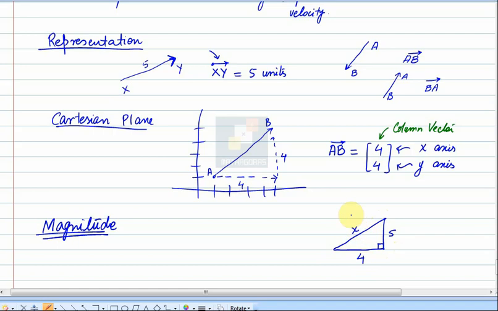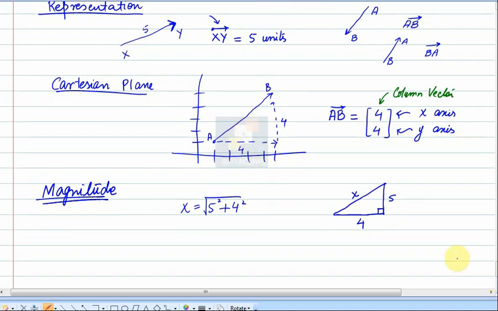Mostly students can answer with the help of Pythagoras that x squared is equal to 5 squared plus 4 squared, with the root sign, and remove the square sign here, right? So that's how you apply the Pythagoras theorem to find the magnitude, and the same working formula we use to find the magnitude of a vector. In this example here, we have A and B with the coordinates 4 and 4, right?